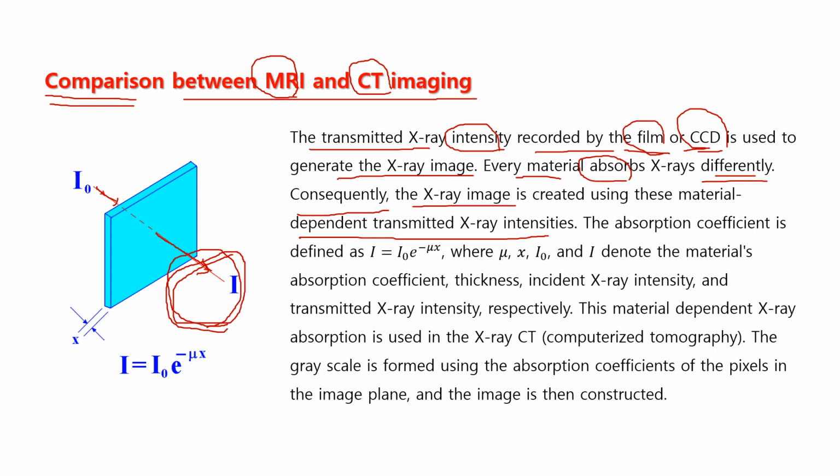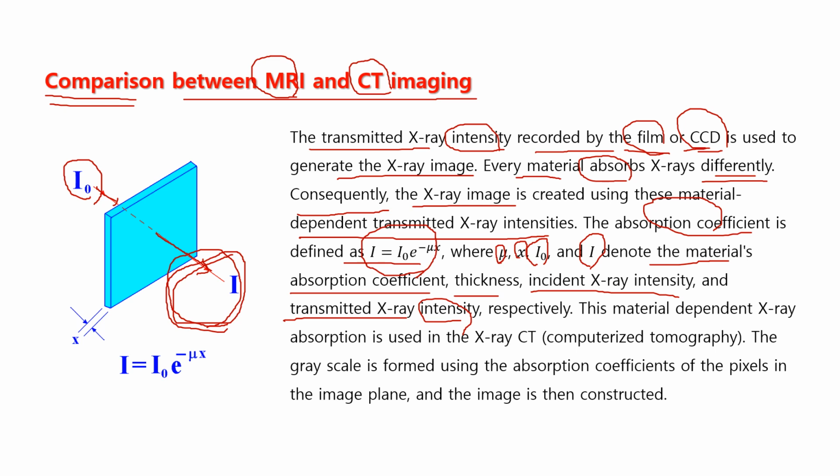The absorption coefficient of the material is defined by this equation. Here, mu is the material's absorption coefficient, x is the thickness of the material, I0 is the intensity of incident X-ray, and I is the transmitted X-ray intensity.